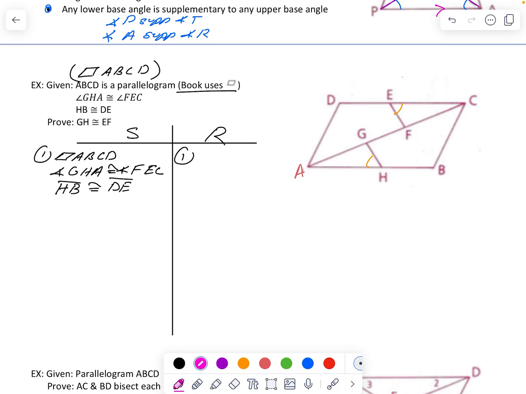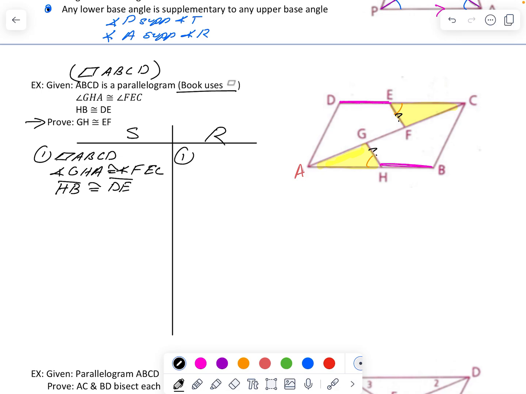All right, so looking ahead, we want to prove that GH is congruent to EF. So to do that, it would be really great if we could show this triangle, and I'm going to shade them in here, is congruent to this triangle. If we could show those two triangles were congruent, then we would have those two sides congruent by CPCTC.